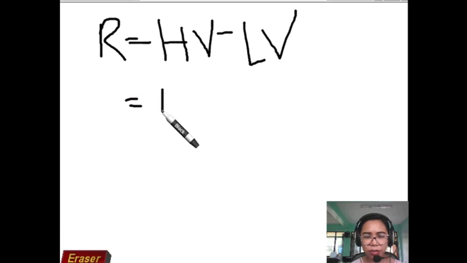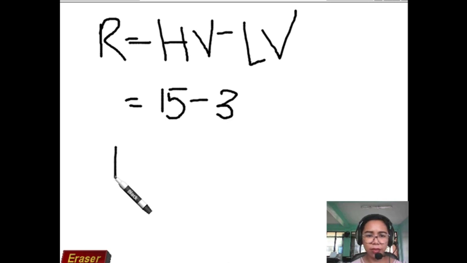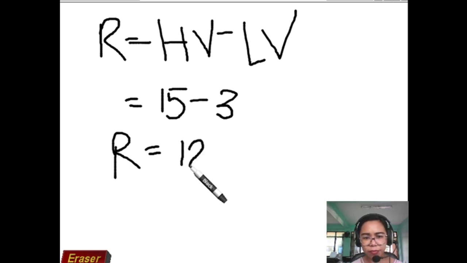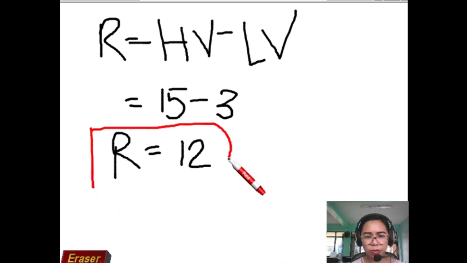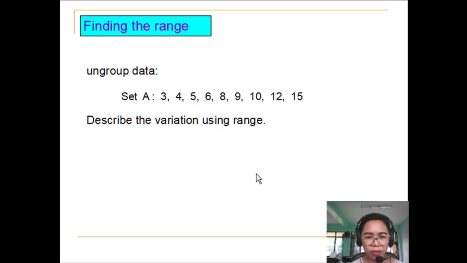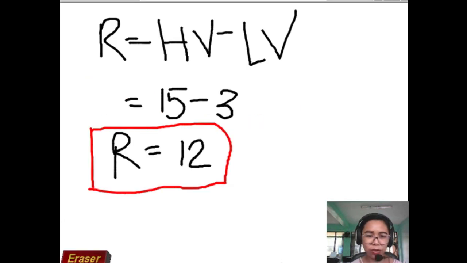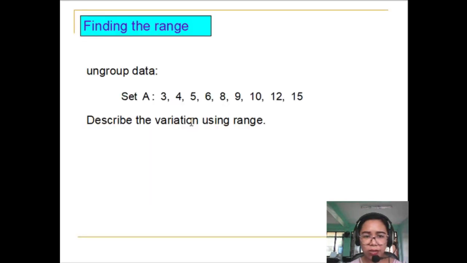We have 15 minus 3. So our range therefore is 12. We describe the value 12 as: set A varies by about 12, or the variation of set A is about 12 using the range.